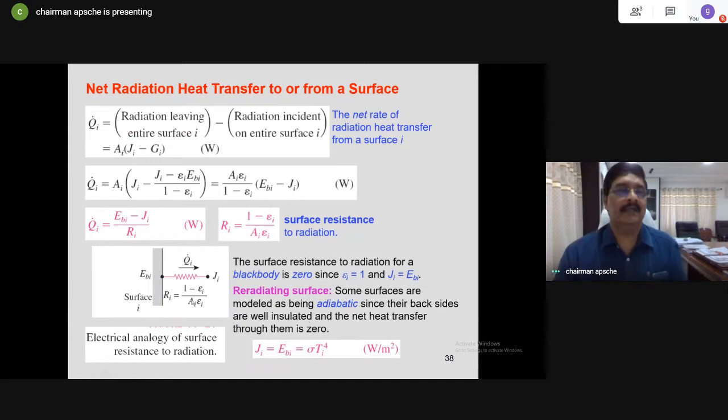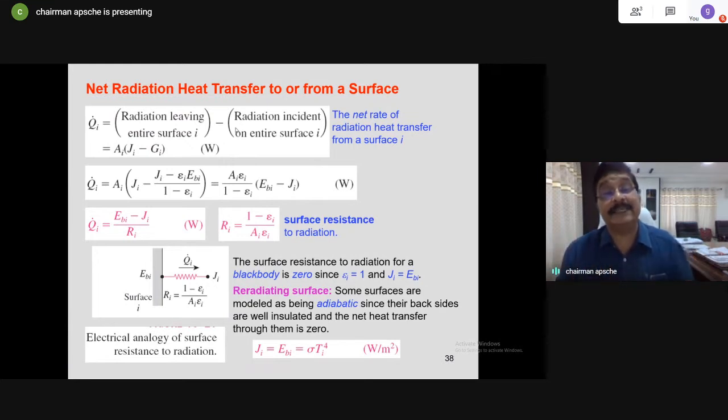So therefore, A, of course, is the surface area, because both J and G, radiosity and irradiation, are defined per unit area. So the total net radiation heat transfer into or from the system depends on whether J is higher than G or G is higher than J. If G is higher than J, radiation heat is transferred to the surface.